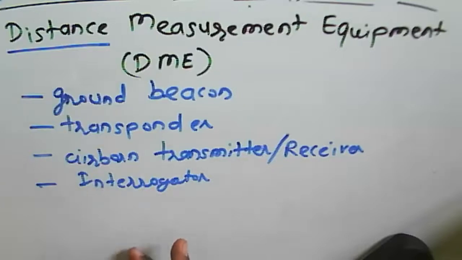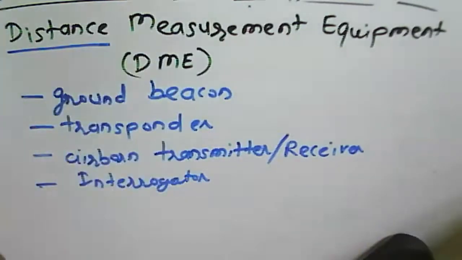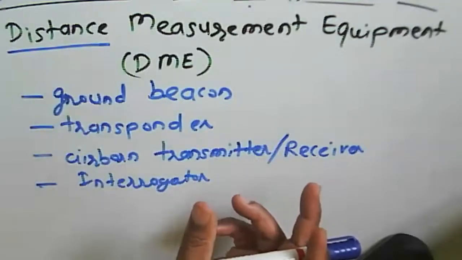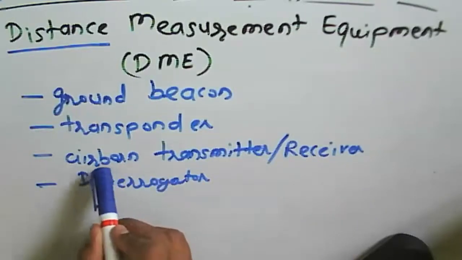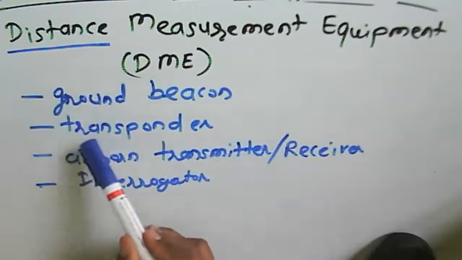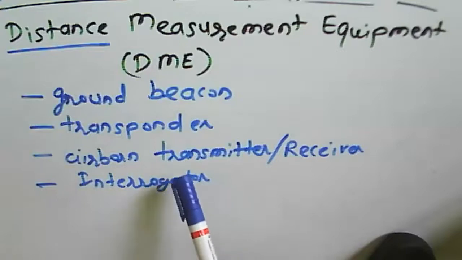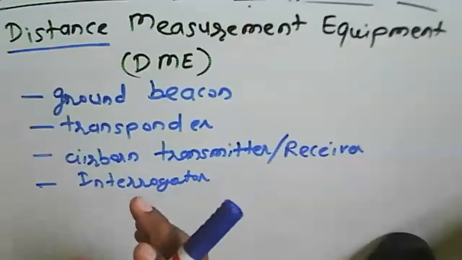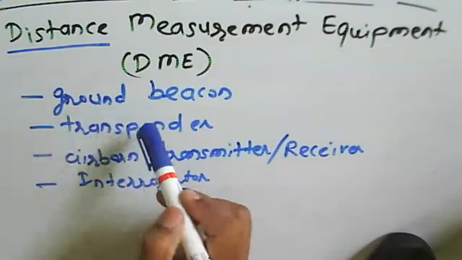We can consider the ground-based system as well as the system present in the aircraft. In the aircraft it has both a transmitter as well as a receiver, so that's the airborne transmitter and receiver. Then the ground system also has both a transmitter and a receiver, and the signal transmitted from the ground system is about the ground beacon.